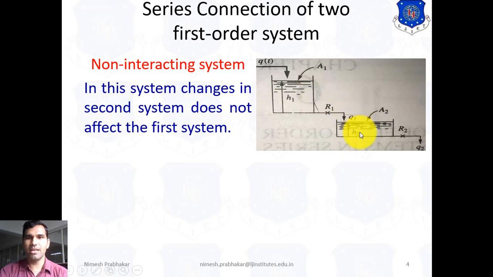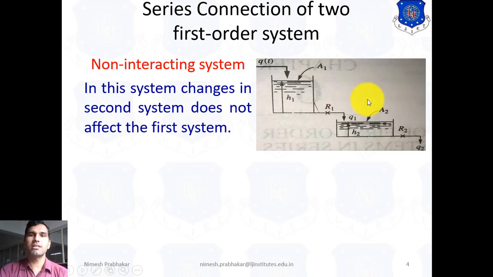If we increase or decrease the height of the liquid in the second tank, it does not affect the first system. This type of system is known as a non-interacting system.